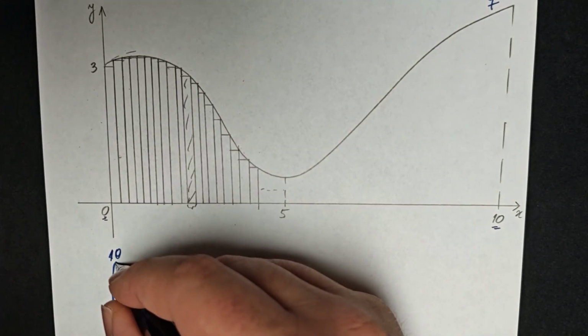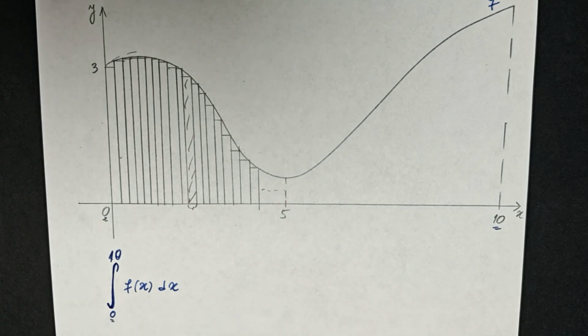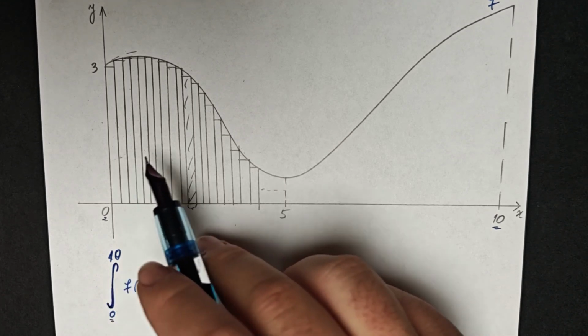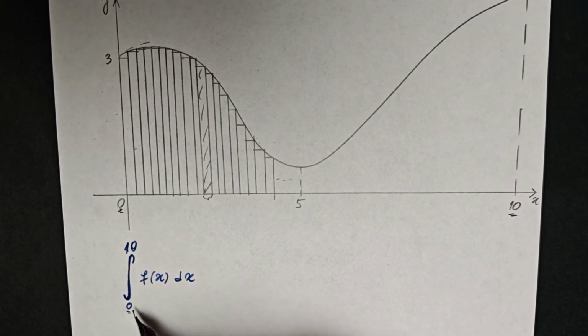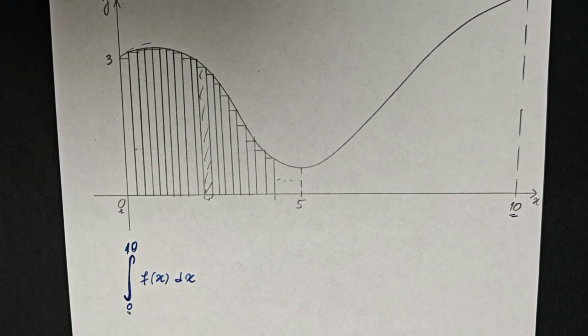This elongated s that we use as the symbol of integrals originates from the word sum. So we are taking the sum of all these rectangles underneath the function f. And as I have said, these numbers 0 and 10 are the borders of our integral.